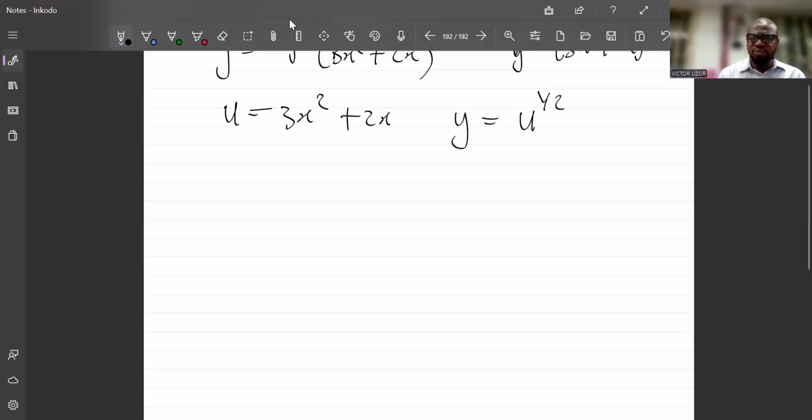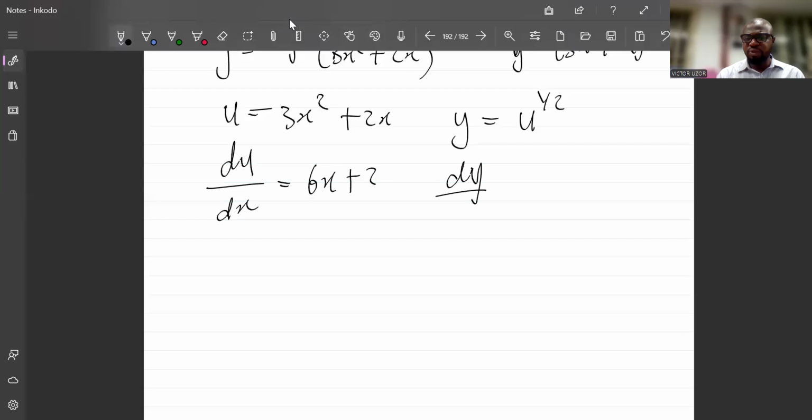So if I differentiate my u with respect to x, I will have 6x plus 2. And if I differentiate y with respect to u, I will have half u raised to power minus half, because when you subtract 1 from half, it will give you minus half.